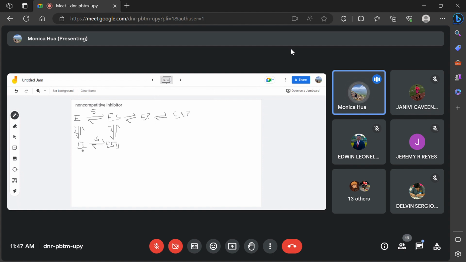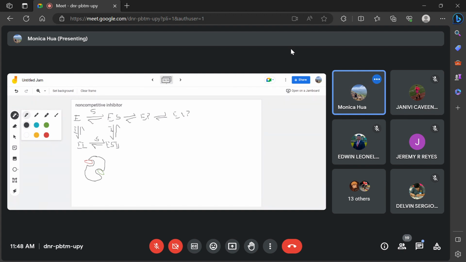So for a non-competitive inhibitor, it has a little pocket. This is our inhibitor and this is our substrate. The inhibitor can bind to the enzyme whether or not the substrate is on the enzyme.